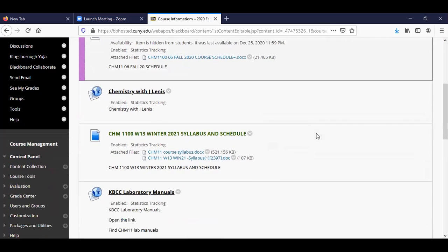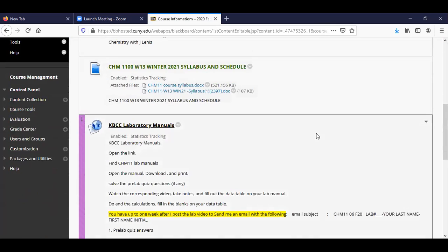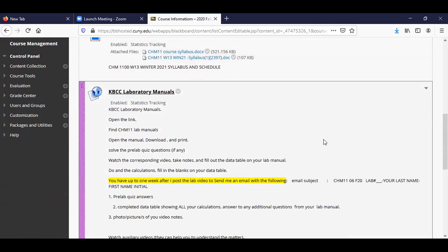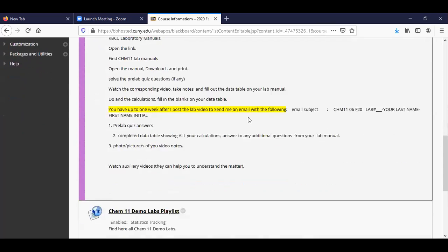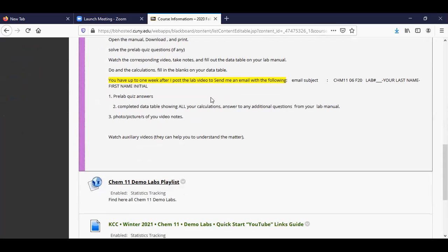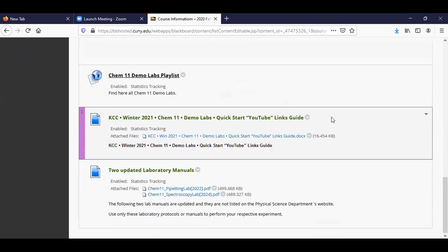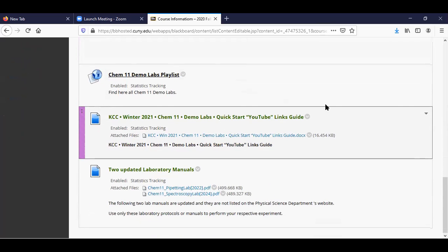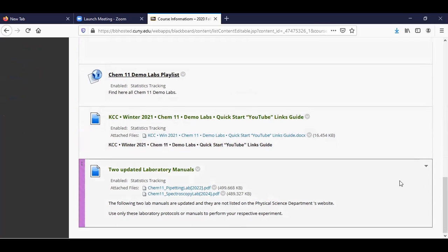Here, lab manuals right here. All right, all the lab manuals, how to open, how to get the lab manuals. So you go to the Kingsborough website, you find the physical science department.